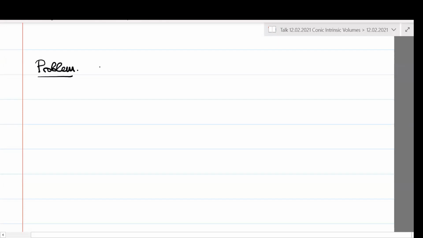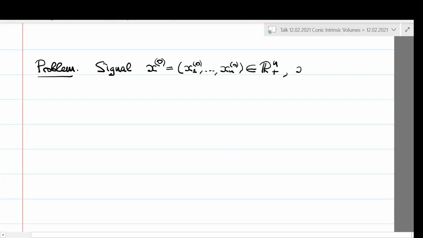We have a signal which we call x0, and it has n coordinates, x_1^0 to x_n^0, and we know that it is positive, or non-negative, more precisely. So all coordinates are non-negative. And we don't know this signal.